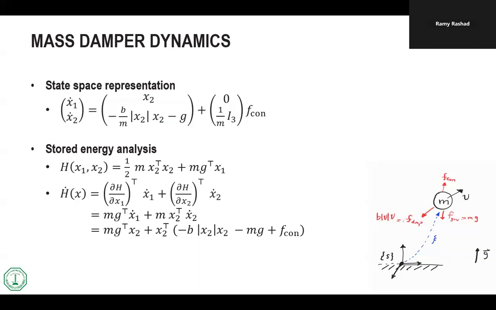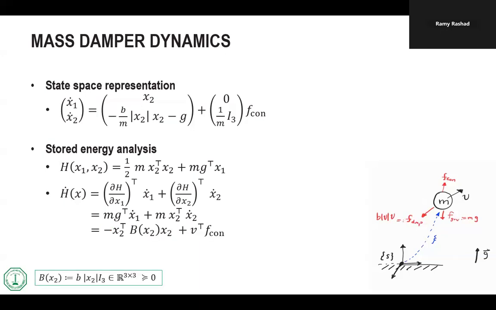Now you need to simplify a little bit. You're going to see that we have these two terms that are equal, one with a plus and one with a minus. One is g transpose x2, the other is x2 transpose g. The m is just a constant. One is positive and one is negative, so they just disappear. And in the end, you're left with these two terms. You cannot do any more simplifications after that.